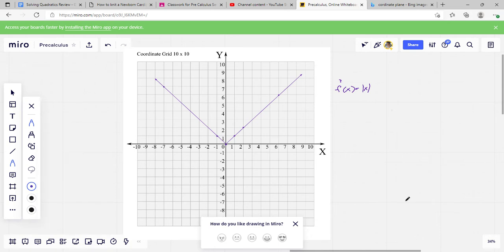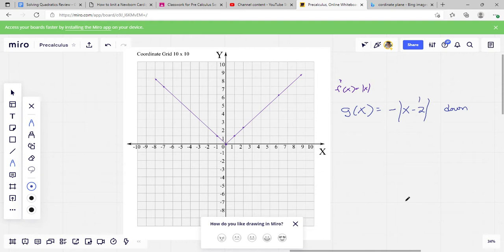Let's do g of x equals negative absolute value of x minus 2. Okay, so this negative means that it's going to be facing down. It's going to open down. And our vertex is h, k.